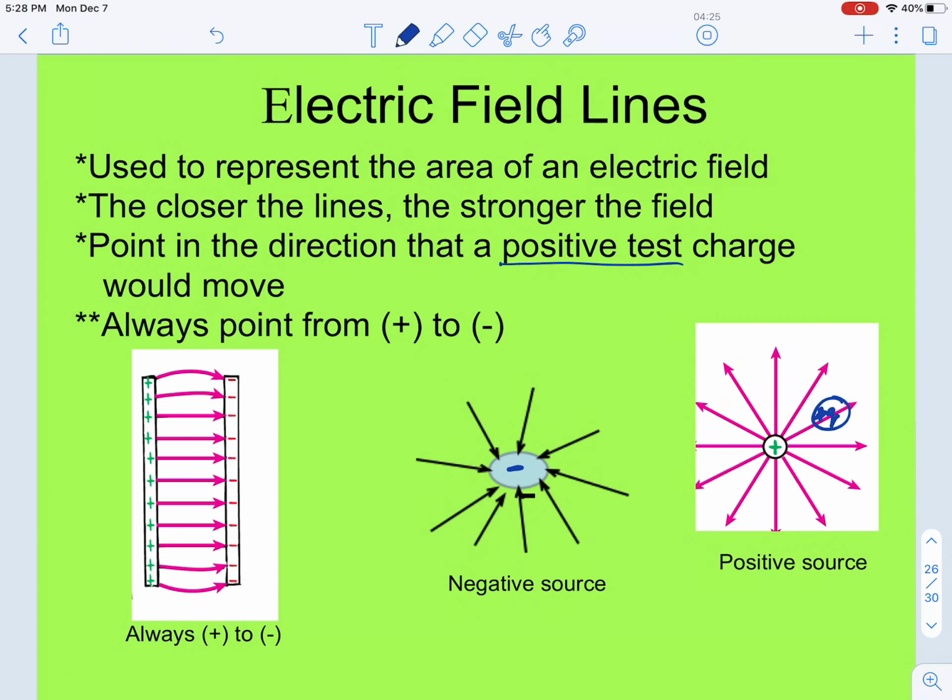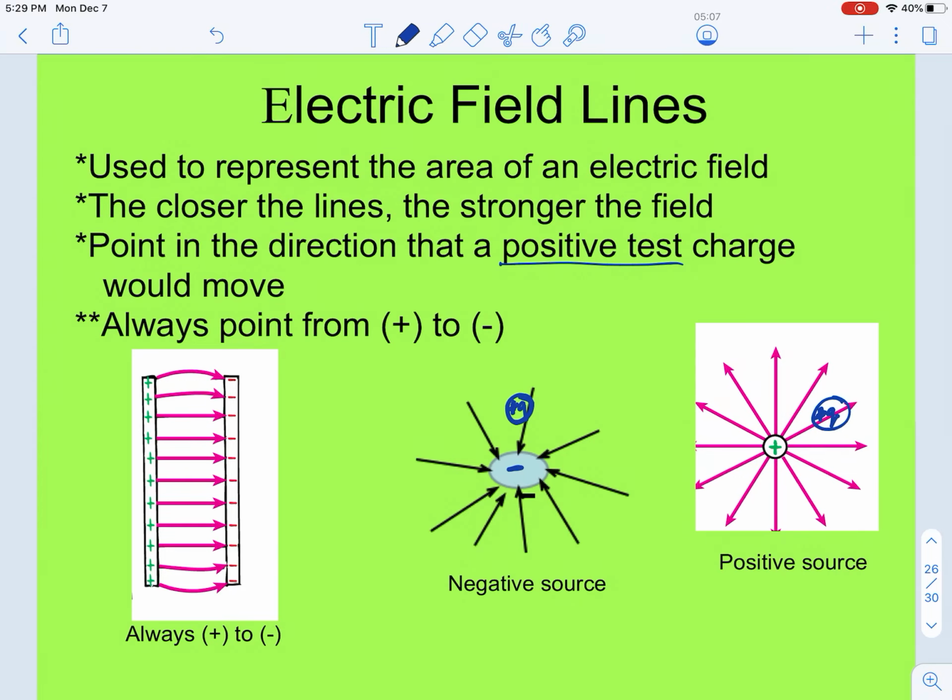So we show our electric field lines to point away from that positive charge, because that's what this small little positive would experience. If I were to bring a positively charged thing and place it right here, because my source charge is a negative, then this little charge would be attracted towards that negative charge. So we're going to draw our electric field lines around our negatively charged objects or particles as being in or towards it, because that's what this little charge would indeed experience.